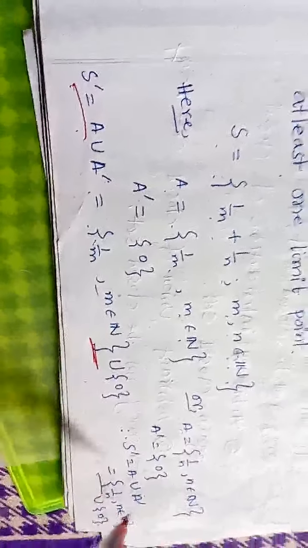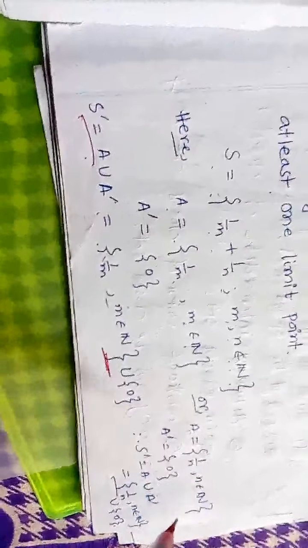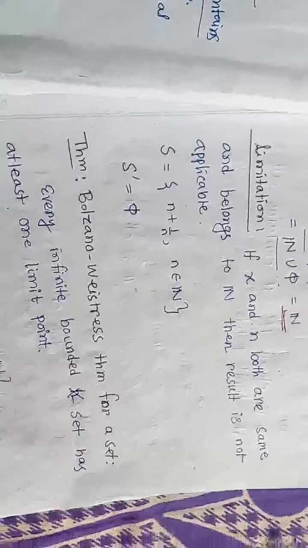Now the next thing is, what is the limitation of this result? That is very important to us. If we apply the result, it is very important to know its limitation.